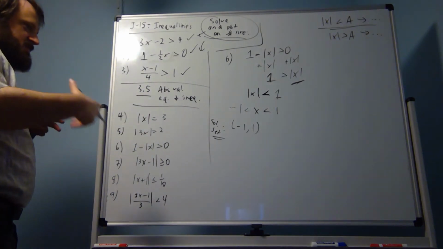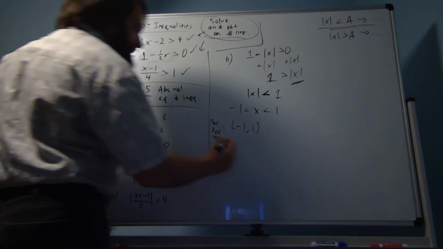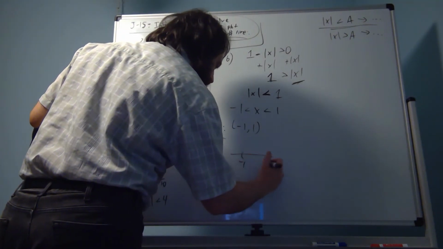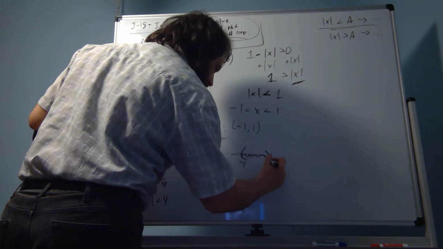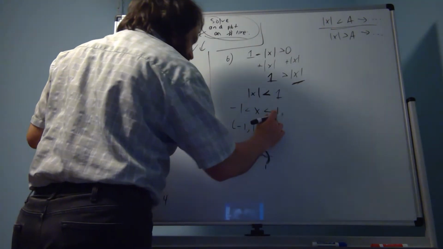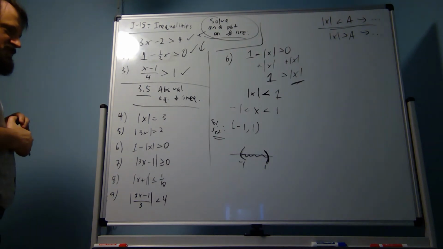It's an interval. This is interval notation for a collection of x's. And on a number line, it looks like this. We exclude the endpoints because it's a strict inequality. Absolute x is not allowed to be equal to 1. It has to be strictly less. And that'll do it right there.